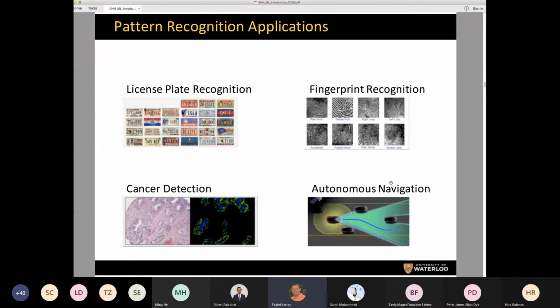Pattern recognition applications have been used in the 80s and the 90s for license plate recognition to help police with certain tasks, for fingerprint recognition to archive, classify, or authenticate people with a certain fingerprint signature, to detect a number of diseases based on certain imaging or computer vision systems, or to help robot systems do autonomous navigation. So pattern recognition has been utilized in the 70s, the 80s, and the 90s.